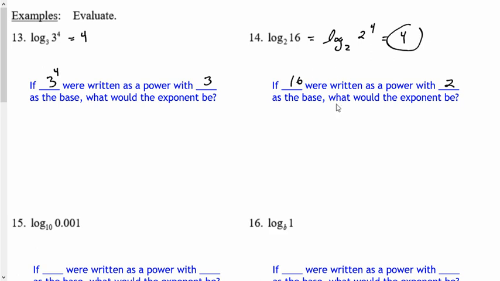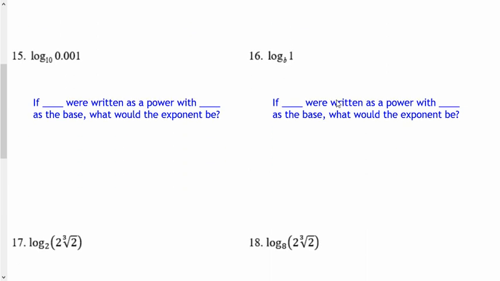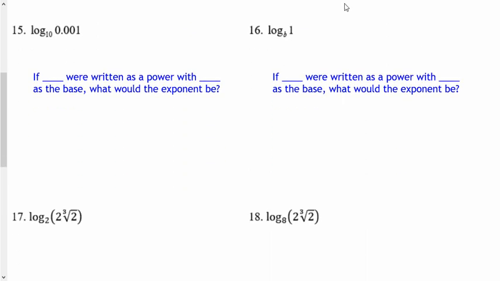Number 15. If my argument here, 0.001, were written as a power with 10 as the base, what would the exponent be? Well, let's think here. This is a log base 10. If I think about the place value, this is the tenths, hundredths, thousandths. So that's the same as 1 over 1,000. Then I'm just going to come down here because I have more space.